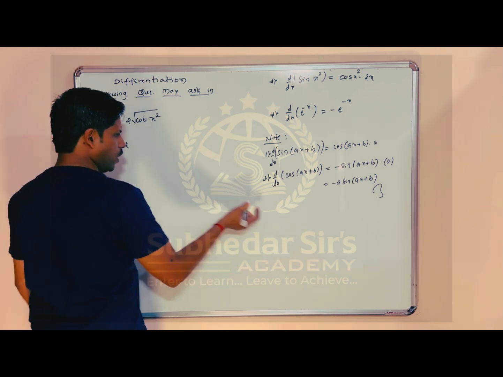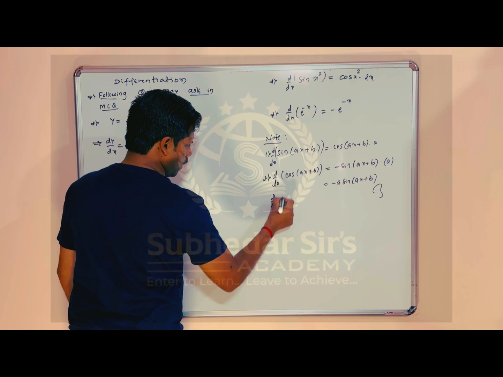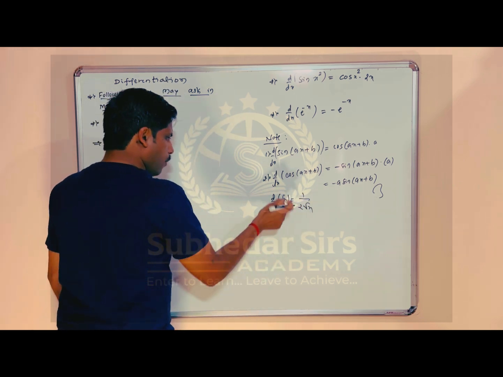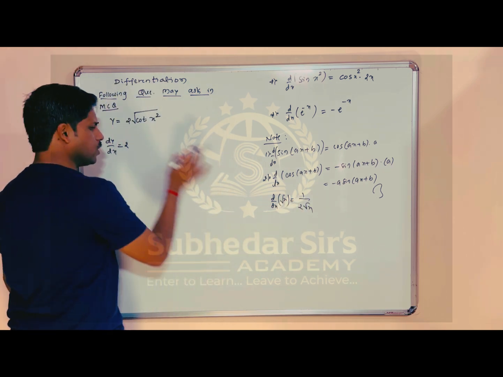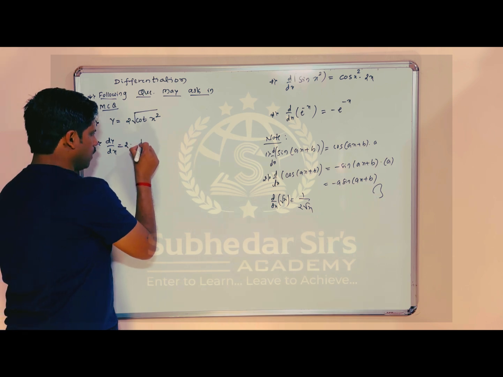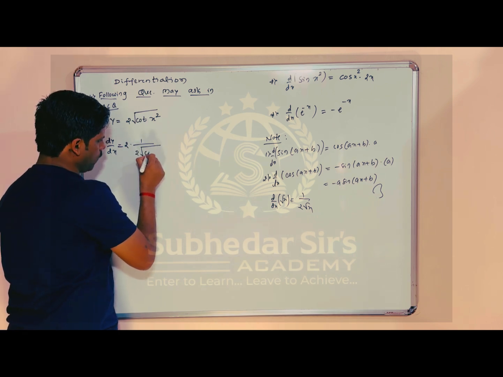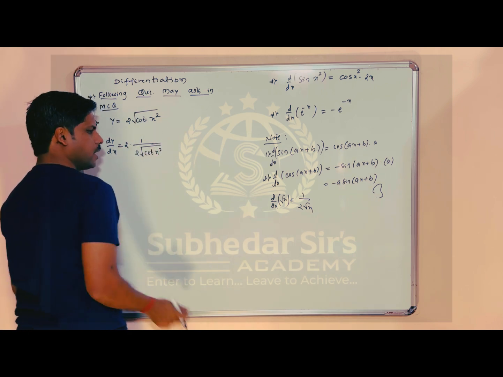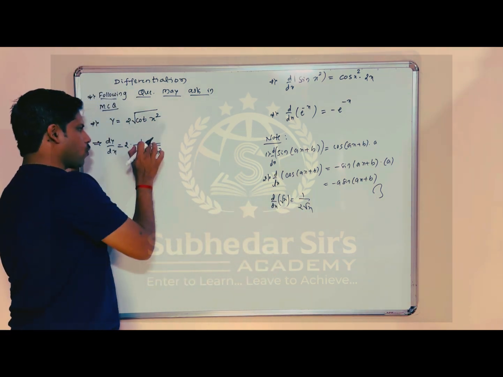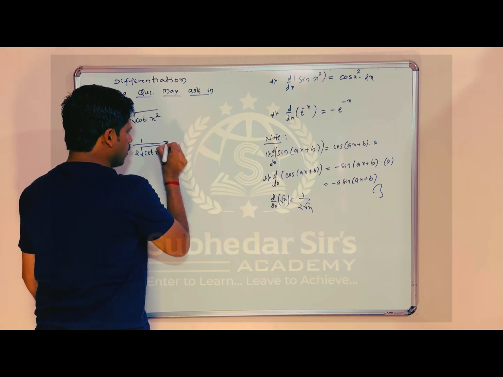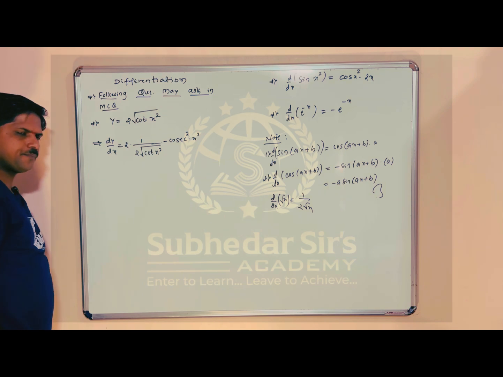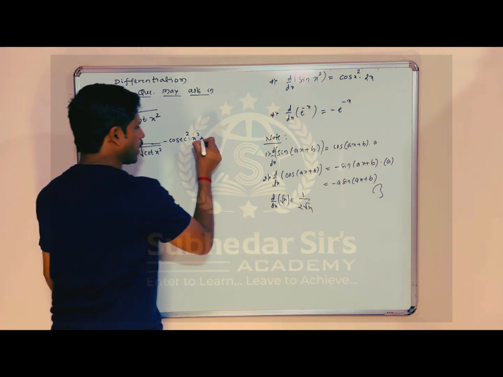Root x differentiation, we know that d by dx of root x is 1 upon 2 root x, right? So now I am going to write this one here, comparing these two. In place of x we have cot x square, right? In the first step I will write 1 upon 2 into square root of cot x square, because in place of x we have cot x square, so write it as it is. Now what is the differentiation of cot here? Cot differentiation is minus cosec x square into x square. What is the differentiation of x square? 2x.